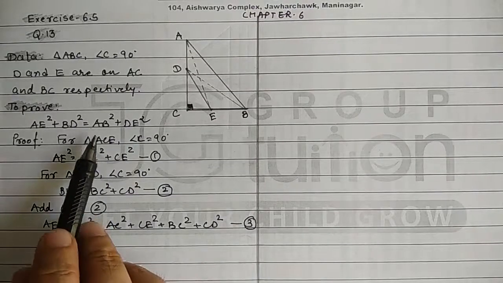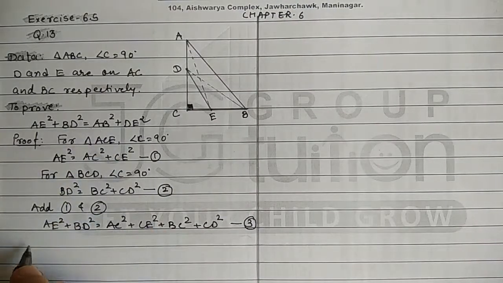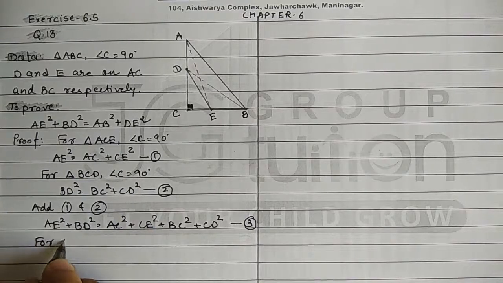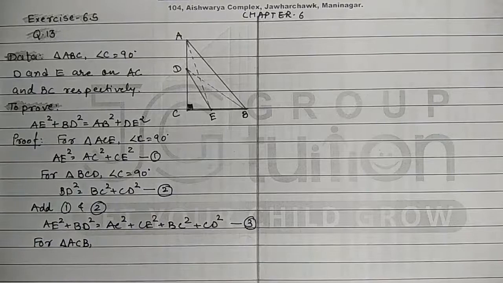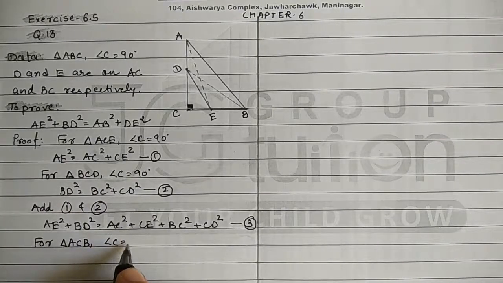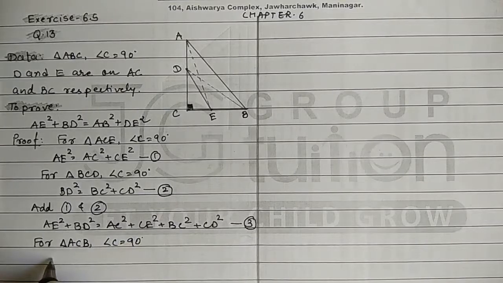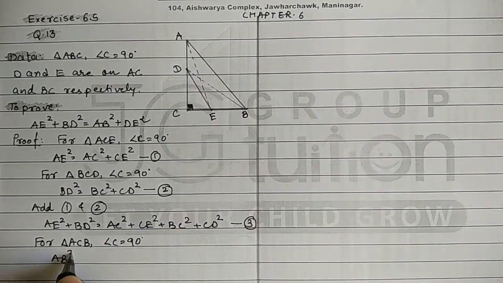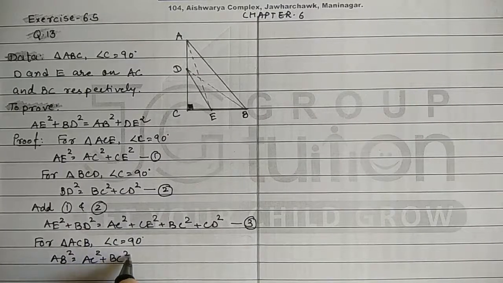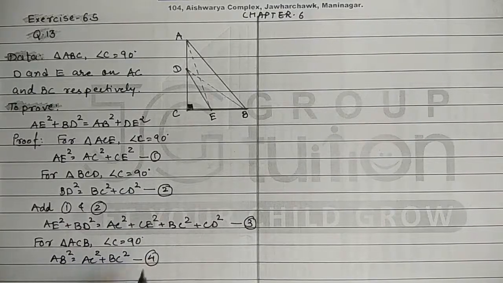As I told you, the next hypotenuse is that of AB. So for triangle ACB, we can say that angle C is a right angle again. So this time AB is the hypotenuse. So AB square is AC square plus BC square. I'll give this as equation number 4.